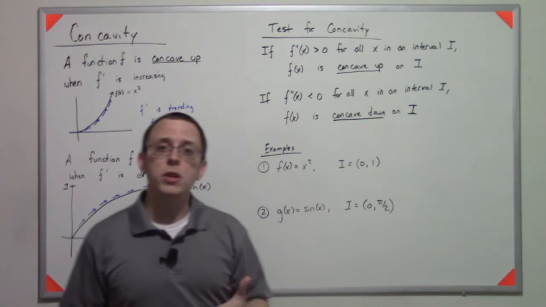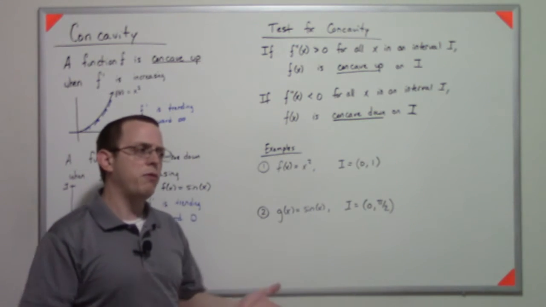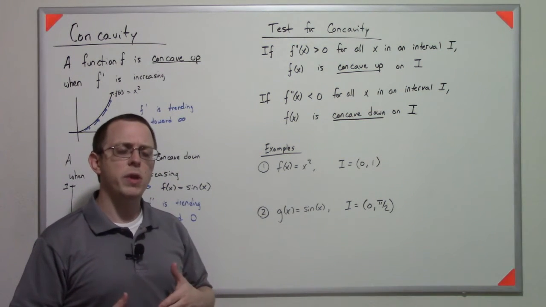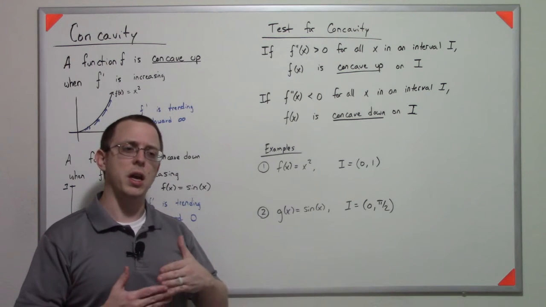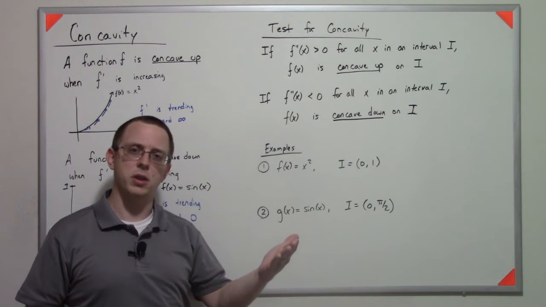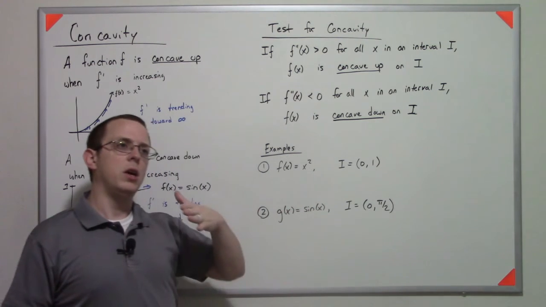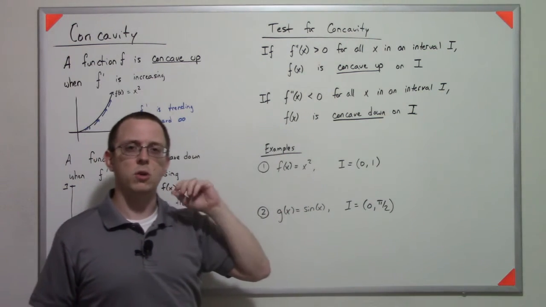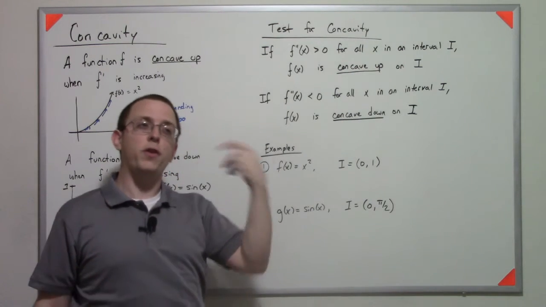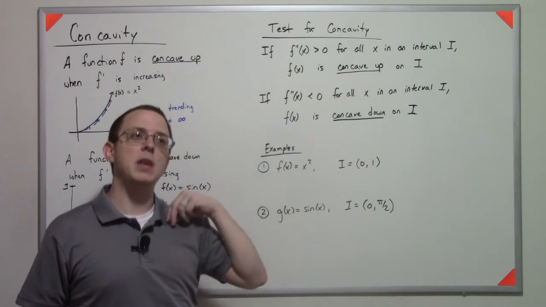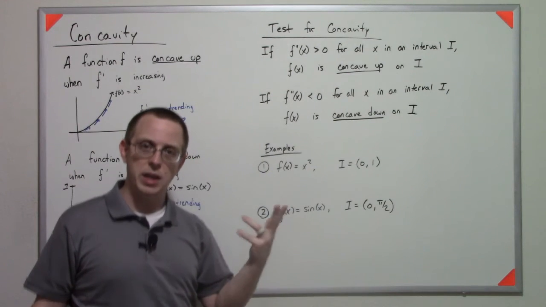So the way we determine this is we say, okay, f prime is increasing. Well, we know that when the derivative is positive, the function is increasing. So if the first derivative is increasing, it means that the second derivative is positive.